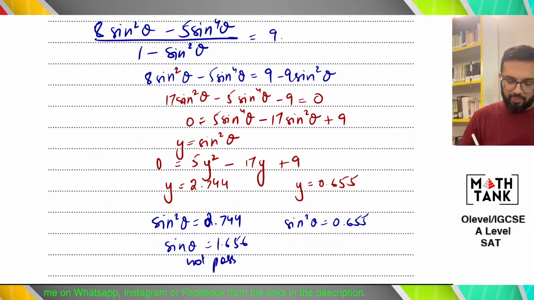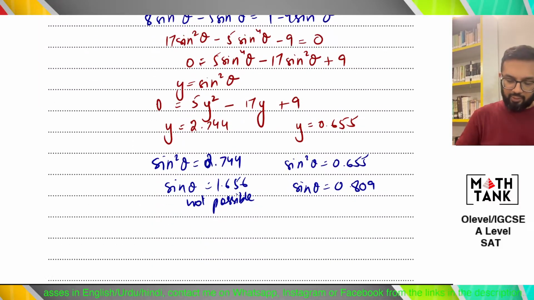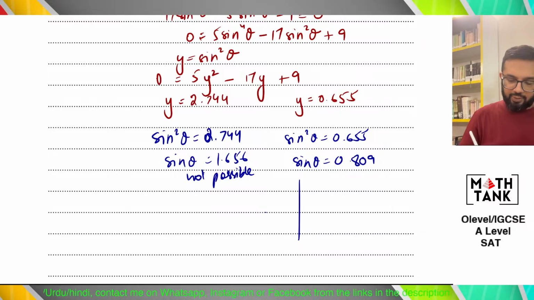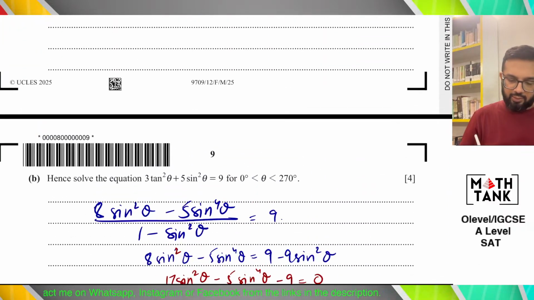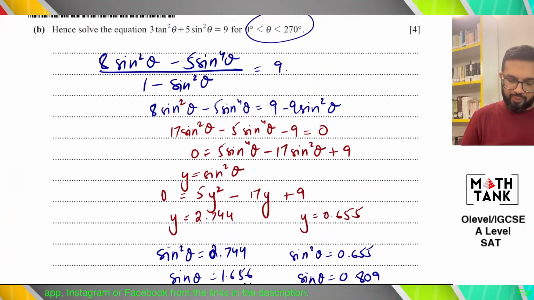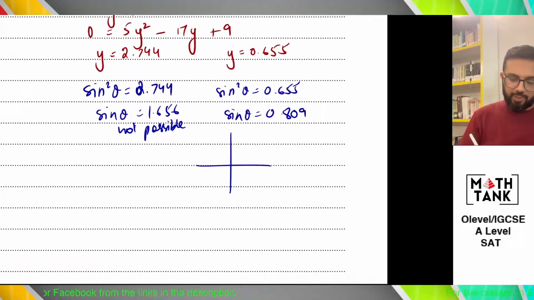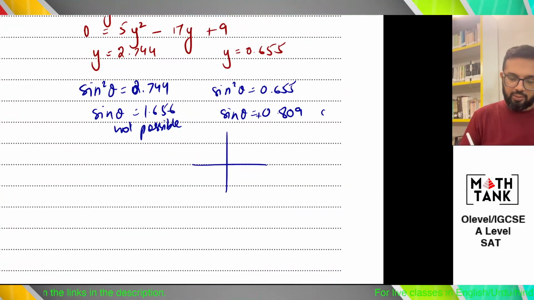Sine has to be between 1 and minus 1. And the root of 0.655. So sine theta is... I'm going to solve this further and say that I have to go from 0 to 270. This is going to be both plus and minus. So there are going to be two answers.